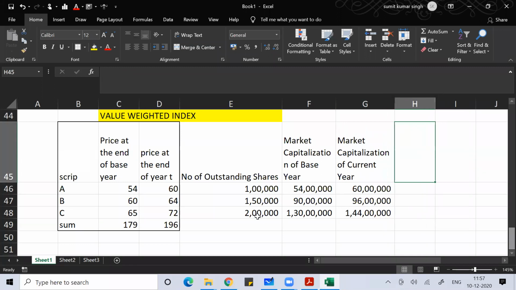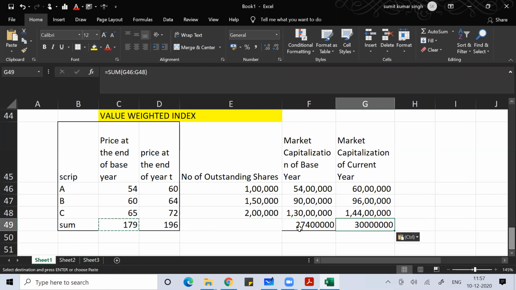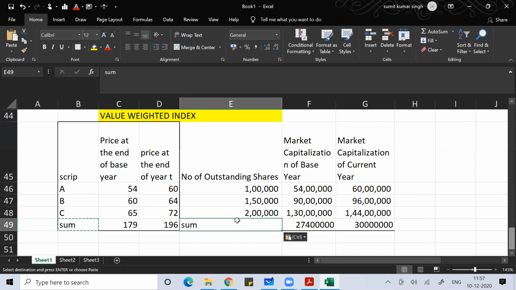You got the market capitalization of the base year, you got the market capitalization of the current year. What you do is take the sum of that.